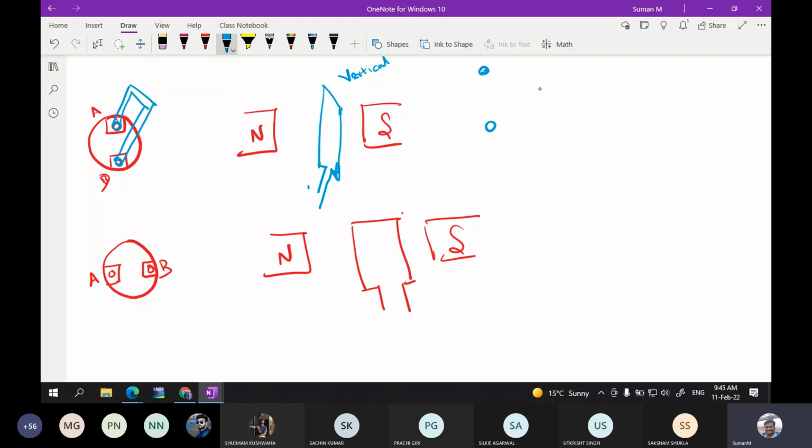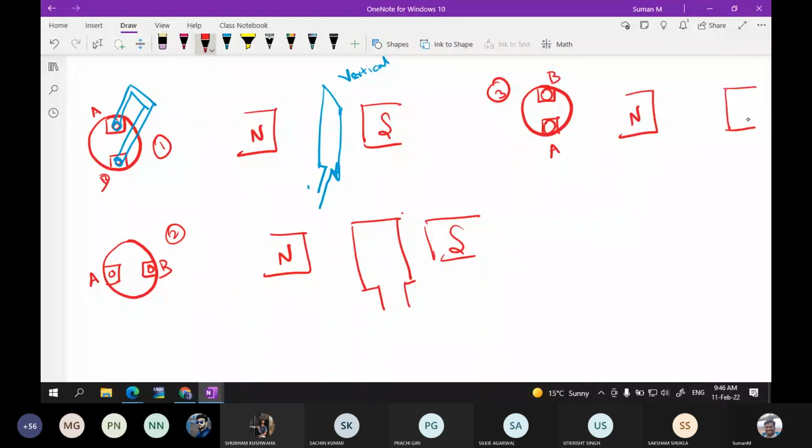The third condition is you are having the rotor like this. So again, it has come to the vertical position.